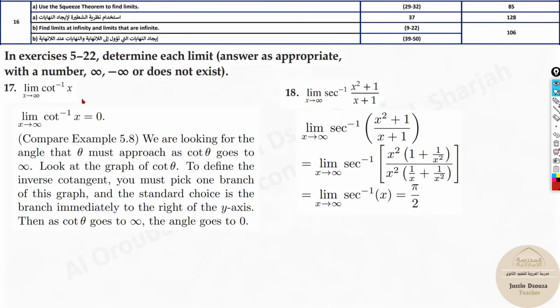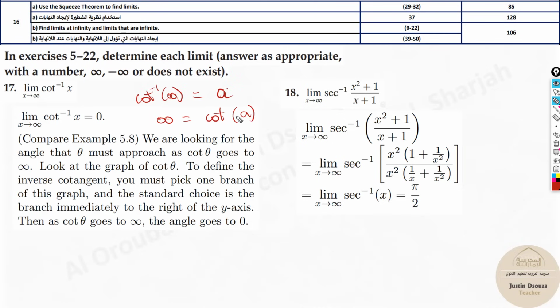Here for the cot inverse part, let's look at this one. What exactly is this cot inverse? They are telling cot inverse x as infinity. So cot inverse infinity means this is some angle. Imagine some angle, sorry, not x, a. Infinity is equal to cot of a.